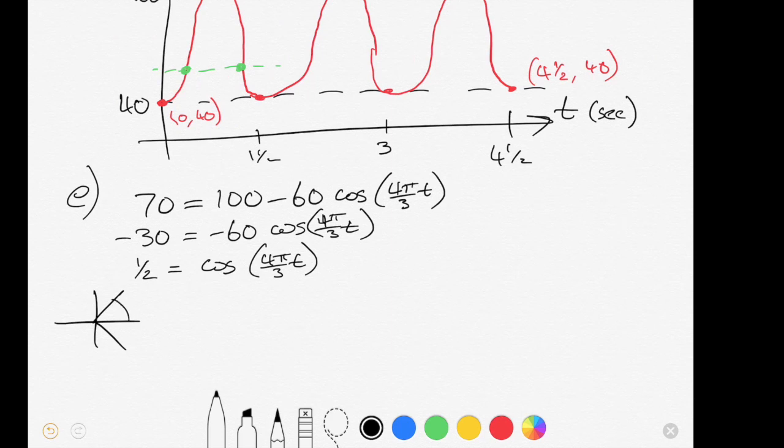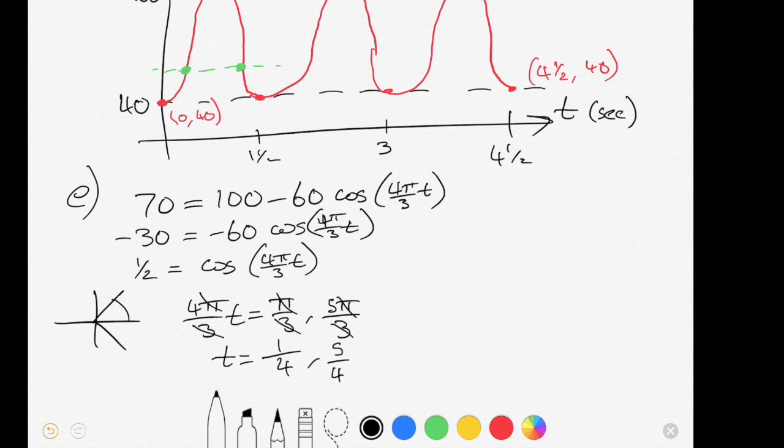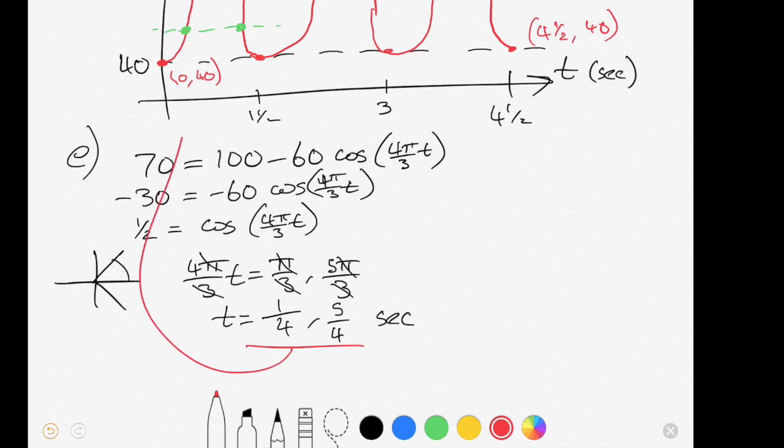Our base angle for 4 pi on 3 t, the base angle for cos equal to a half, is pi on 3, and we're also going to get another value at 5 pi on 3. For each of these I can cancel out my denominator and my numerator. I get t is equal to 1 on 4 and 5 on 4. Remember that those are seconds, and those give us these two values up here, 1/4 and 5 on 4 seconds.